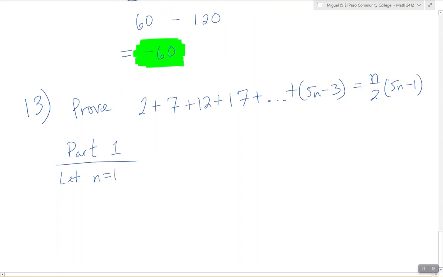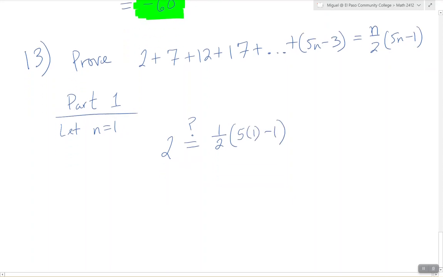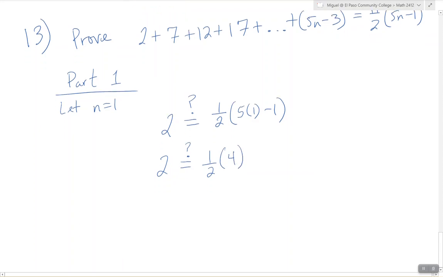Let n equal 1. So on the left side, if we only want the first term, that's going to be a 2. So we're checking to see if 2 is equal to, and then plug in n equals 1 into the formula on the far right. That would give us this. And 5 minus 1, of course, is 4. So we get 2 is equal to 2.